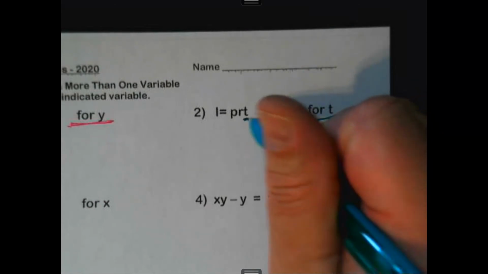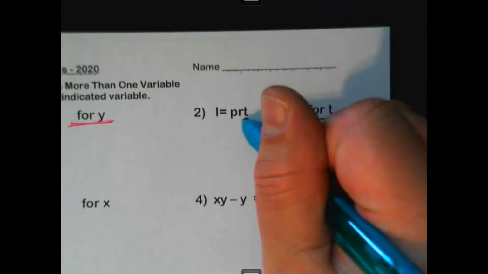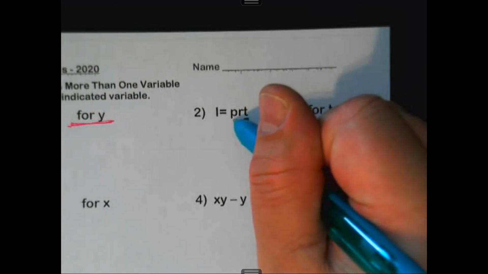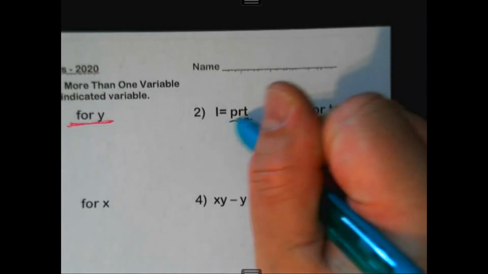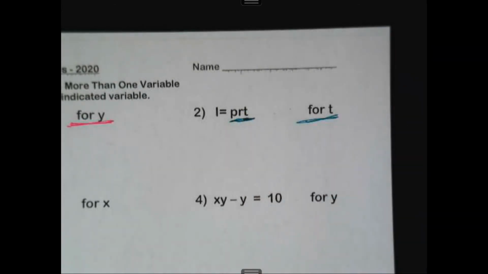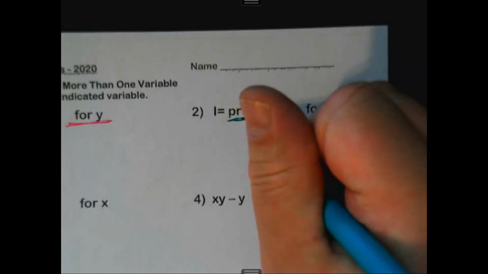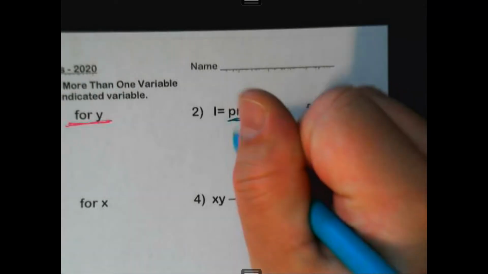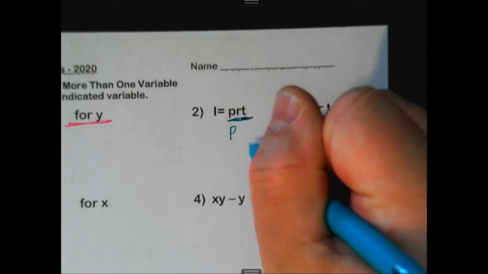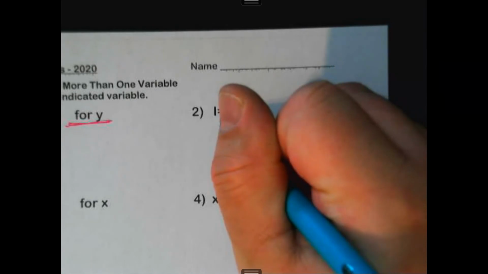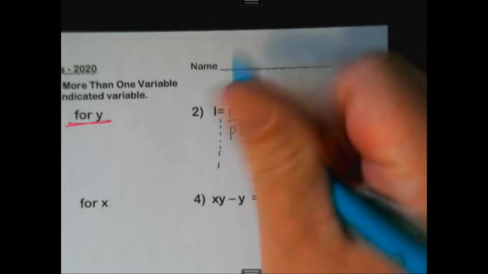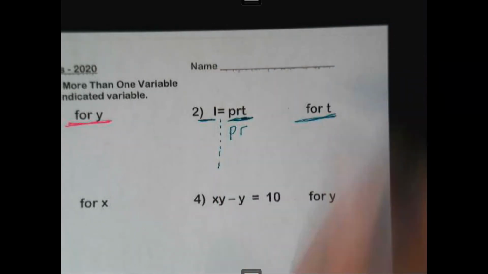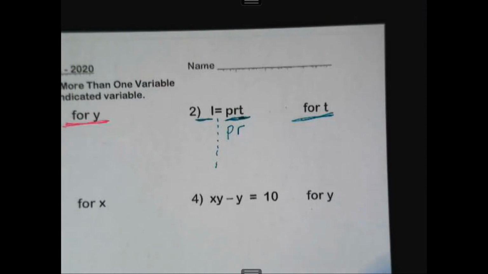So that tells me, since this is all multiplication, I need to undo it, and we undo it by division, and divide by what I don't want. In this case, I don't want the p, and I don't want the r. And don't forget, whatever I do to one side, I have to do the other. So I'm going to take this L and divide it by PR.